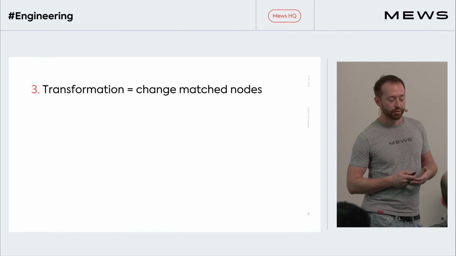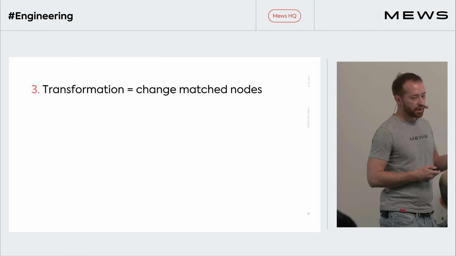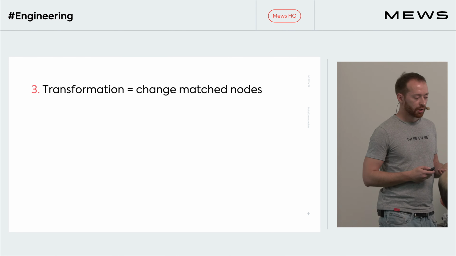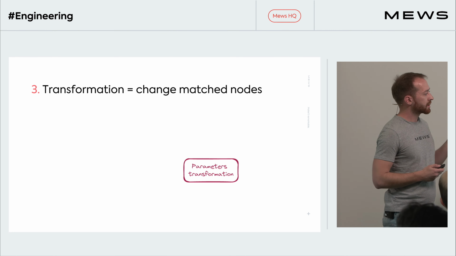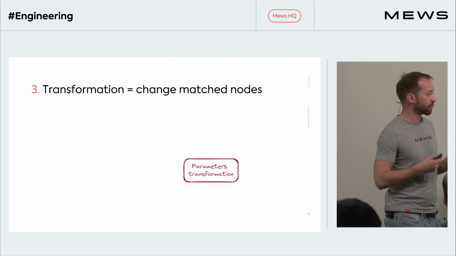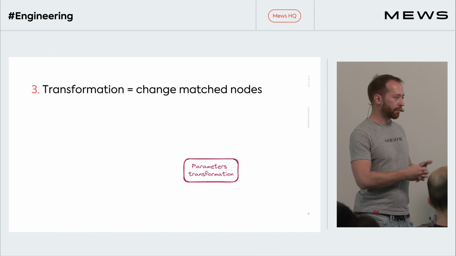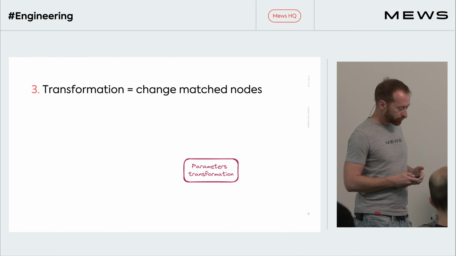That's the transformation. During the traversal through that tree, we can change the nodes that we care about. Every node has some type, and we can define some transformations. Those transformations are usually just functions that define what type of node they want to match and how they want to change it.